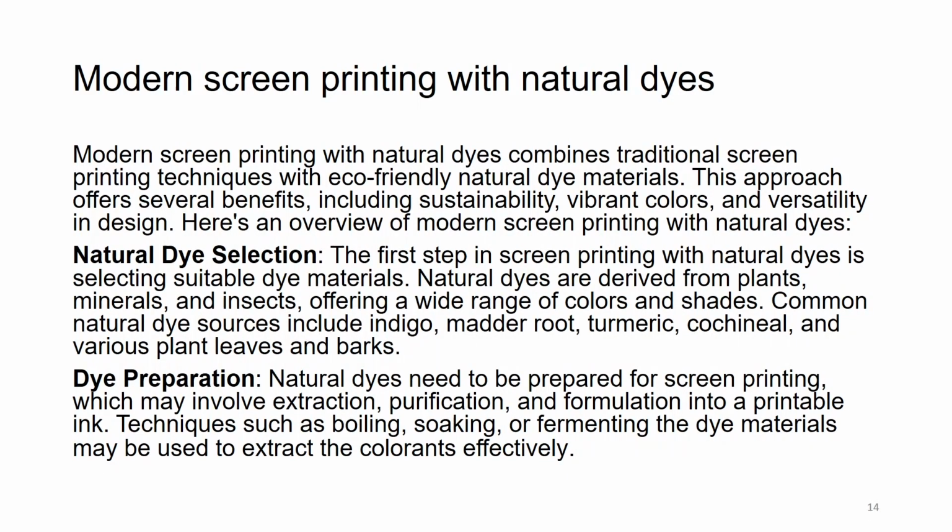Dye preparation. Natural dyes need to be prepared for screen printing, which may involve extraction, purification and formulation into a printable ink. Techniques such as boiling, soaking or fermenting of the dye material may be used to extract the colorants effectively.